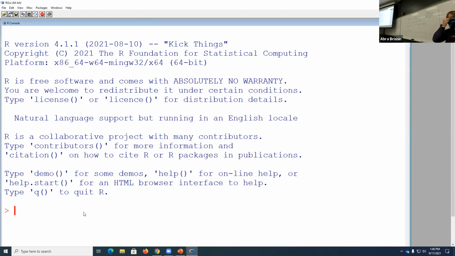So if we want to compute that probability in R, what prefix are we going to use? P is going to give us the probability of being less than something. Here we want the probability of being greater than something, so we could do 1 minus P. We're working with a chi-squared distribution, so the root of that is going to be CHISQ.